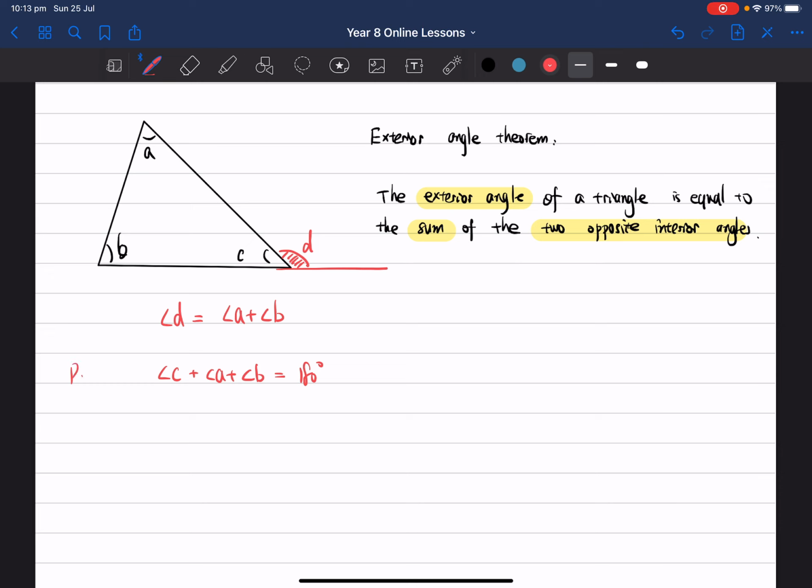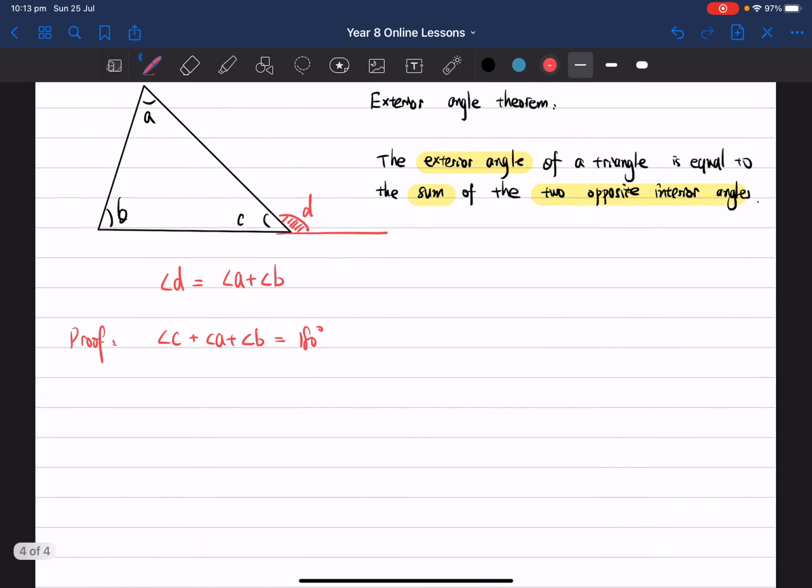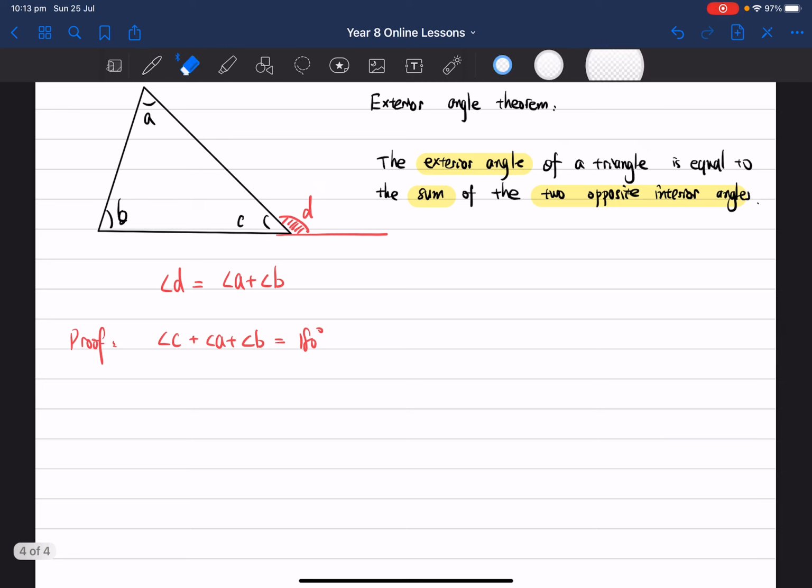That's the property of triangles. Therefore, angle C is equal to 180 degrees minus (angle A plus angle B). If you just move these two terms over to the other side, you end up with this.